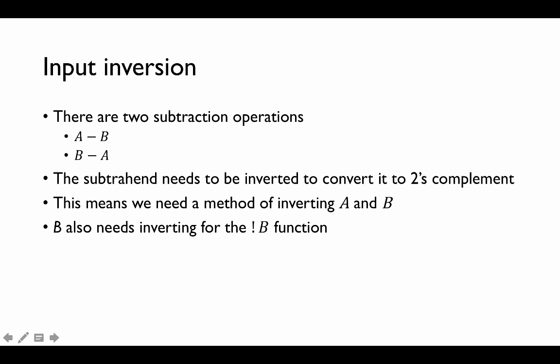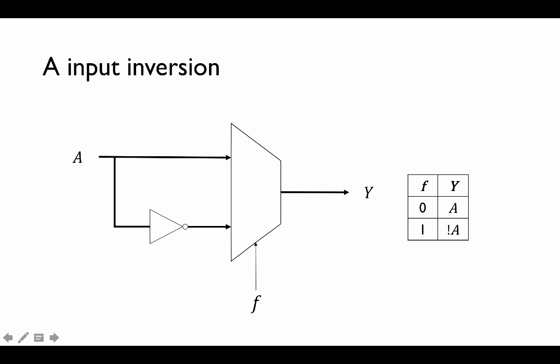But we know for this ALU we need to be able to invert A and B, because we need to do the subtraction operation, so we need to be able to invert B and A to get the 2's complement. For some of the other functions we also need to be able to invert B. This shows how we can invert the inputs, again using a multiplexer.